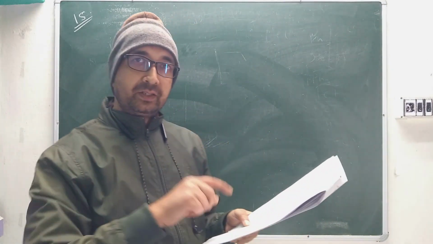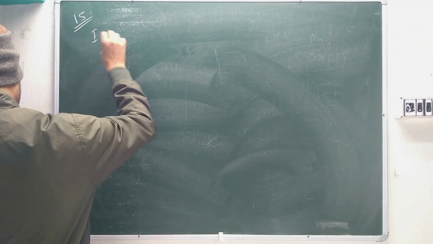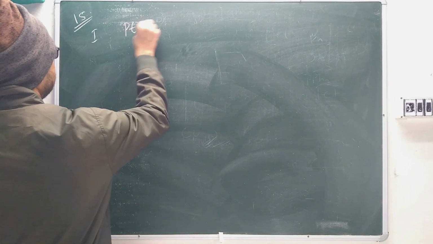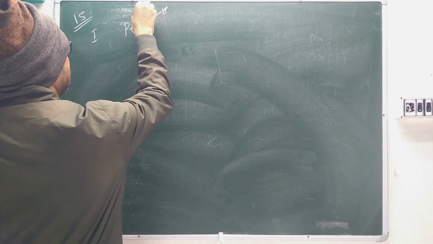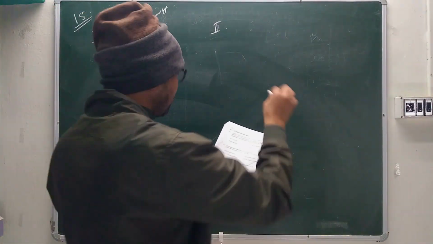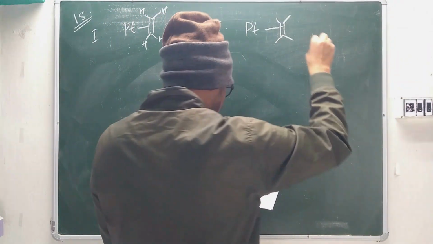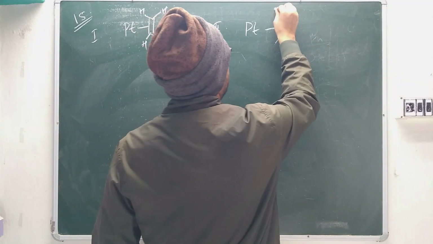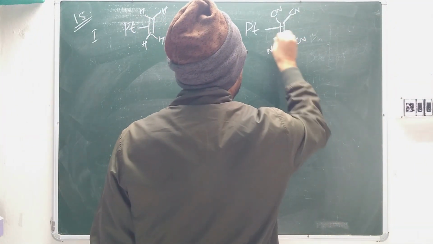I'm not going to write the entire compound, I'll just write what they want to mention. In compound one it is platinum, and then both are hydrogen, correct? In this way I am framing it. Another one is having platinum and then all cyano groups.